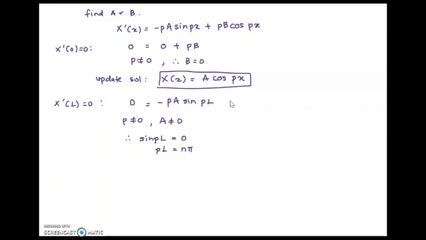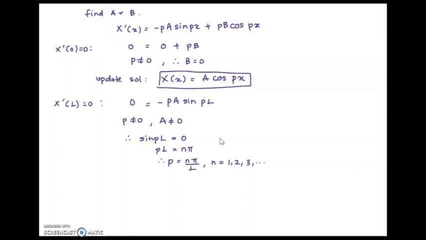Because if PL equals n pi, then we have sine n pi, which is always 0. So P equals n pi over L, where in this case n equals 1, 2, 3, and so on. n is a positive integer.